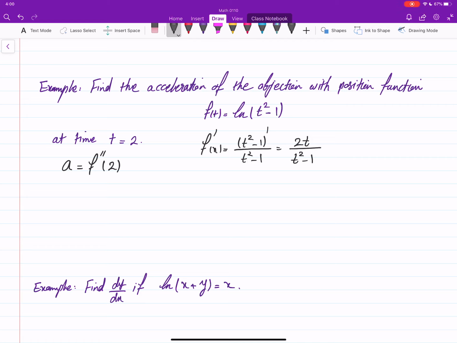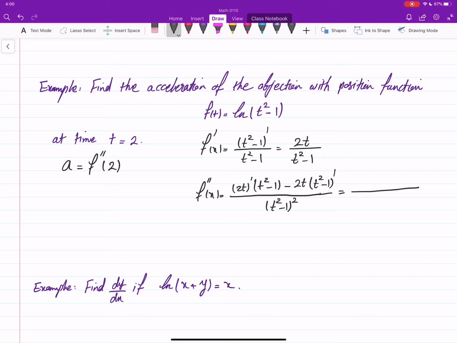That's the first derivative. Now the second derivative is always the derivative of the first one. This is a quotient, so we have to apply the quotient rule. Derivative of the first one times the denominator minus the numerator itself times the derivative of the denominator, and then the denominator to the power 2.